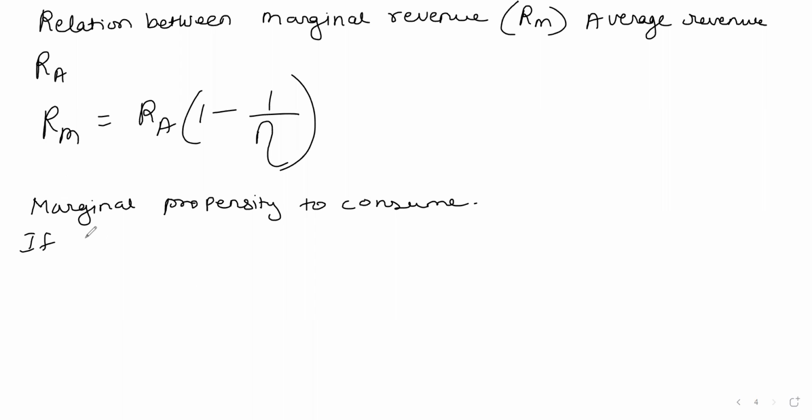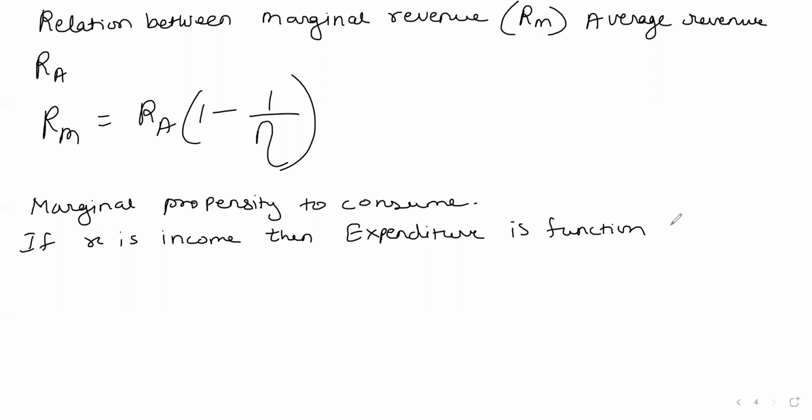If X is income, then expenditure is function of income. So E of X is function of income.